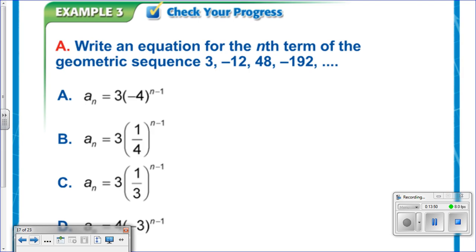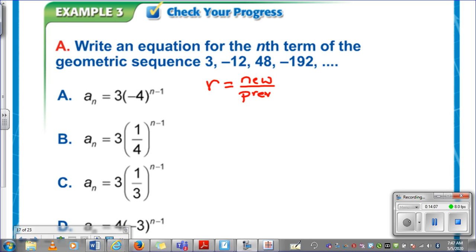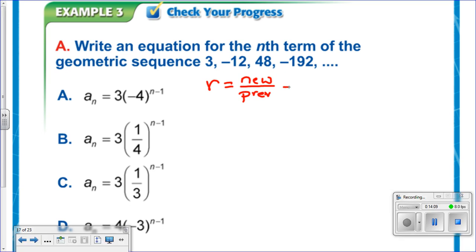This one, write an equation for the nth term of the following geometric sequence. Well, first of all, let's find our r. Remember, to find our r, we're going to do new output over the previous one, and it has to be the term right before it. So I think I'll use the easier numbers here, so I'll go with negative 12 over 3, which is negative 4, which a lot of you looked at right away and said, okay, it's got to be negative 4.